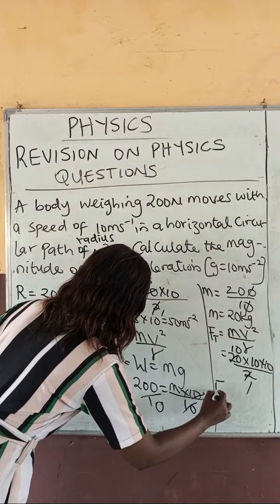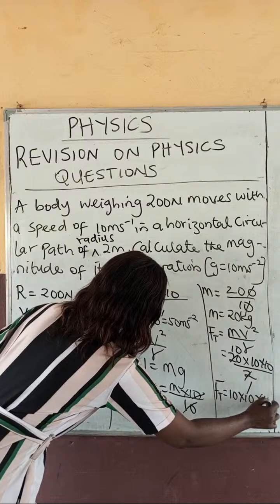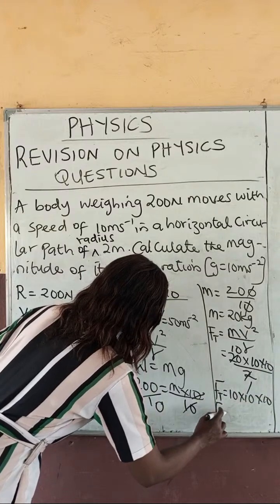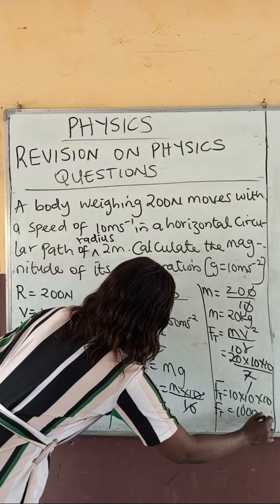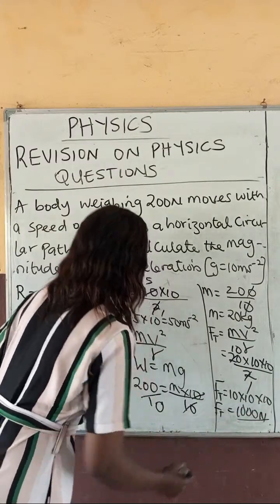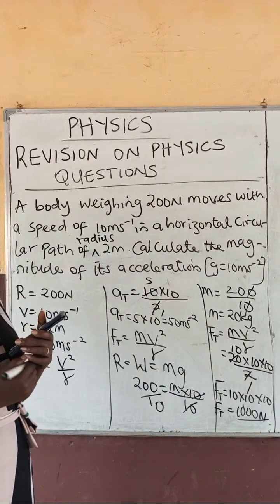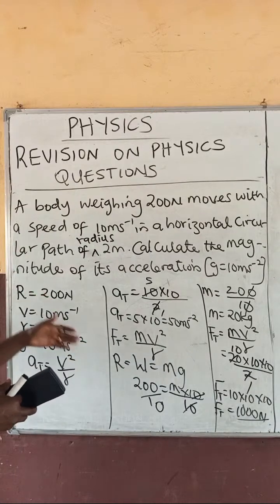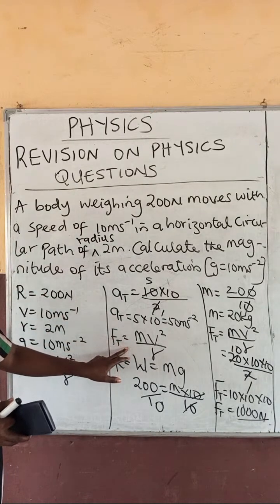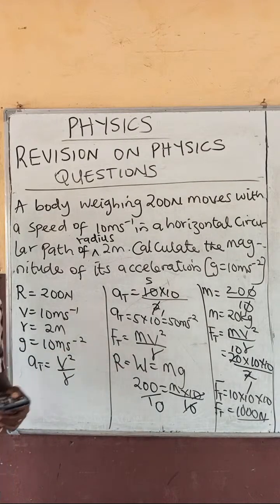So my centripetal force is going to be 10 times 10 times 10, which gives me 1000 Newton. So this is how we can solve for our centripetal acceleration and also centripetal force.